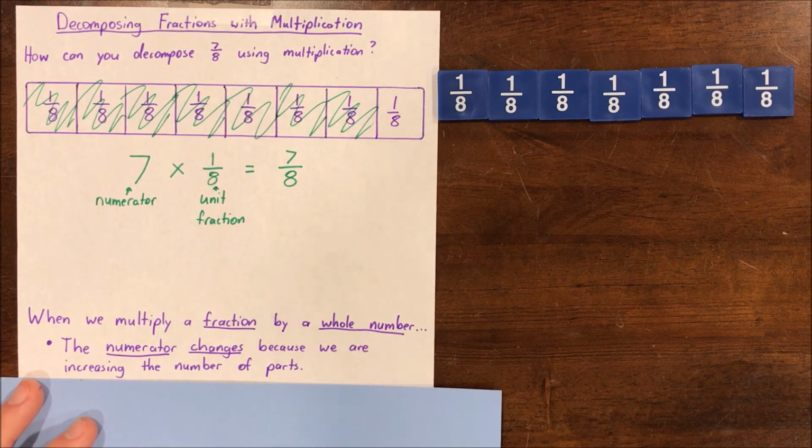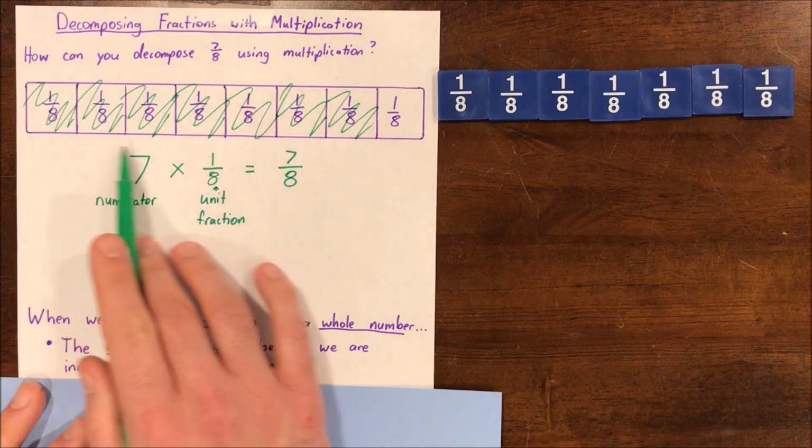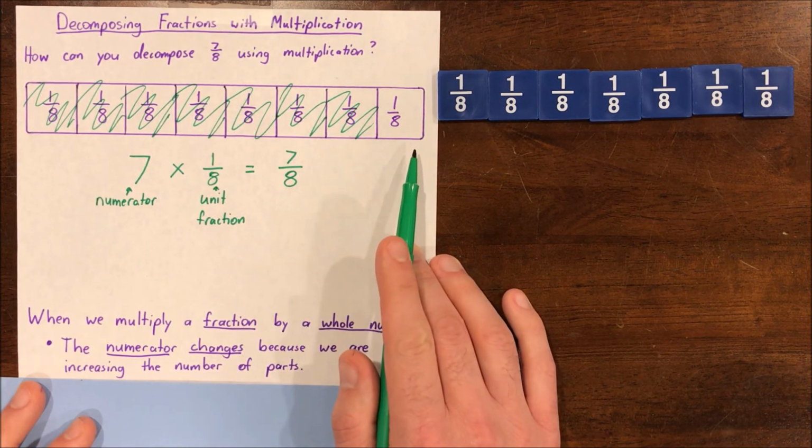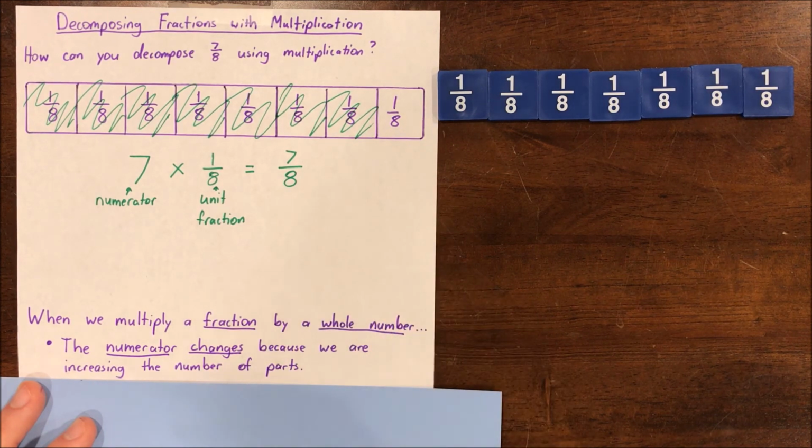And why is that? Say it out loud. Right, it doesn't change because the total number of parts in one whole doesn't change. We're just increasing the number of parts that we're talking about.